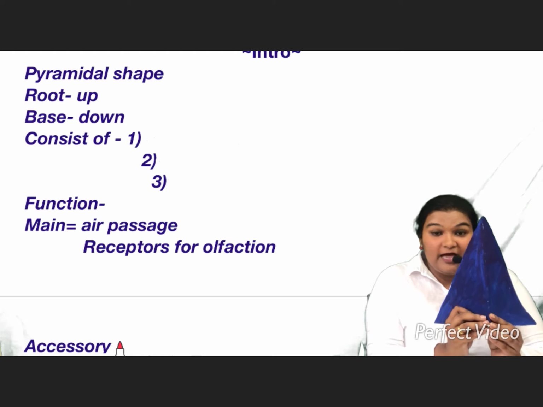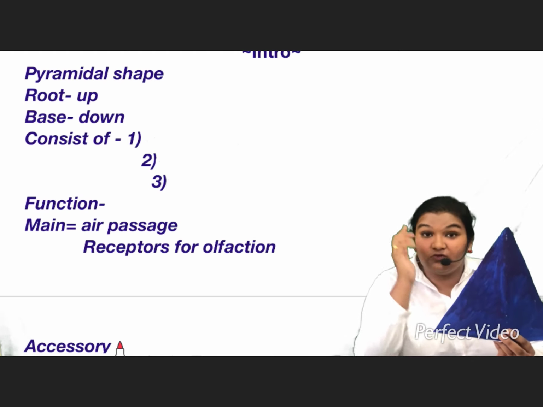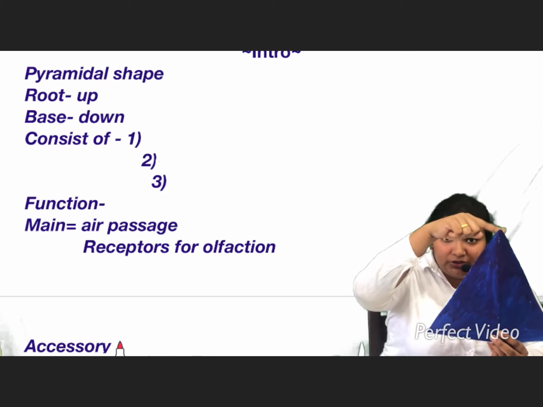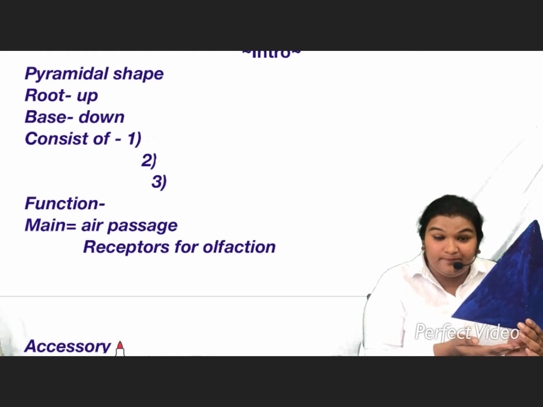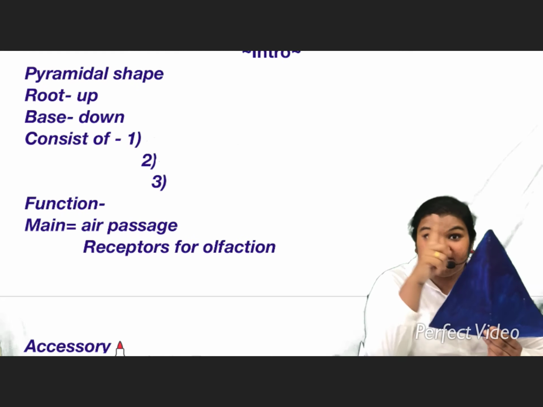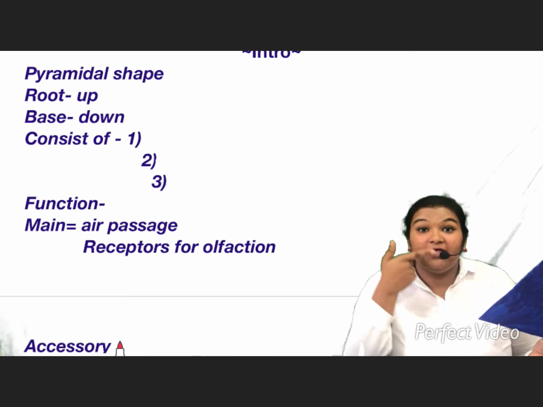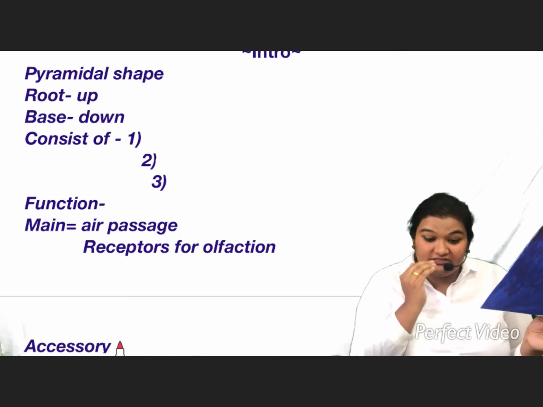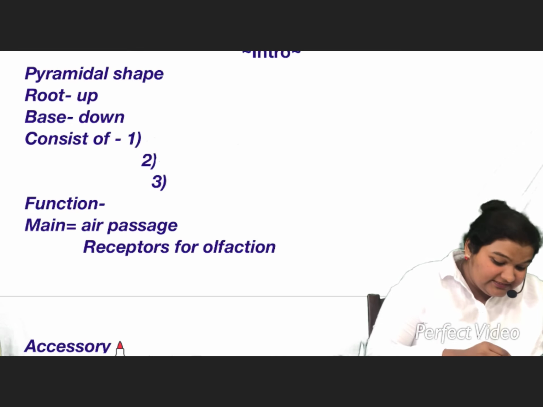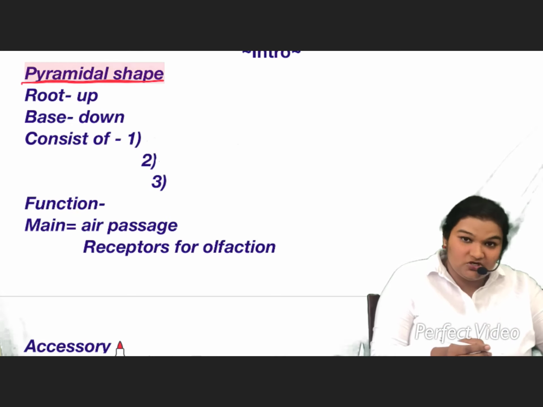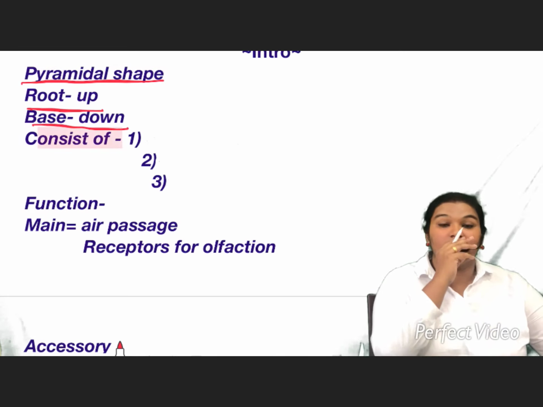So nose is a pyramid shape structure present in center of your face with a root and the base, in which the root is up. See, this is the root of a nose and it is upwards, and this one is the base, it is downwards. So it is a pyramidal shaped structure with root up and base down.